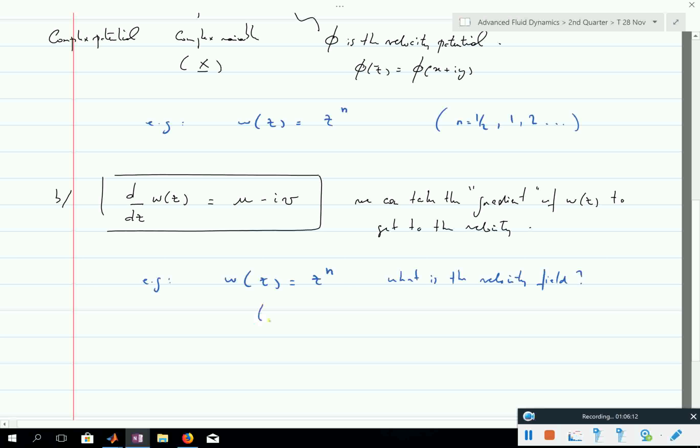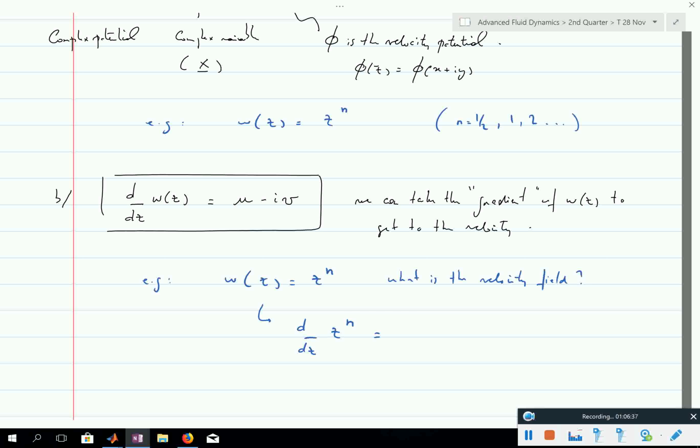Well, you simply differentiate your function with respect to z. The whole point of complex functions is that they just look like the functions you know, so they differentiate the same way. Even though this is a new object, what would be your intuition for what this derivative is? N times z to the n minus 1. And this is exactly what it is.